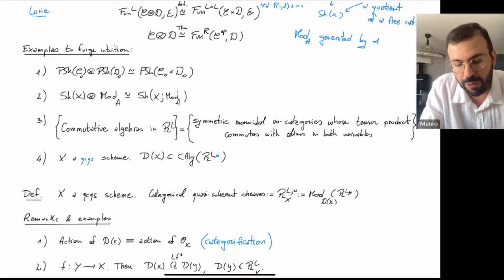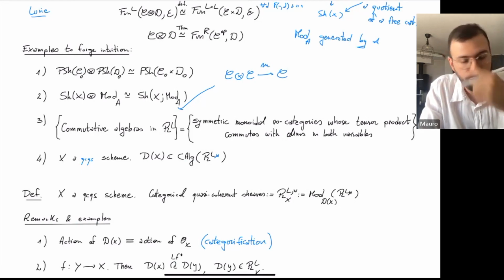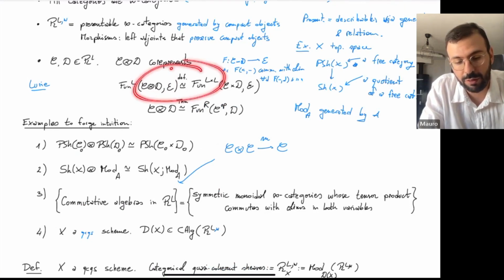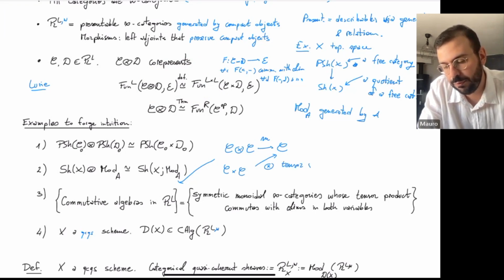Here I would be looking at a category C together with a functor from C times C to C, which I call M. Because the tensor product means this thing, we can think of this M as a tensor structure for C that commutes with colimits in both variables.